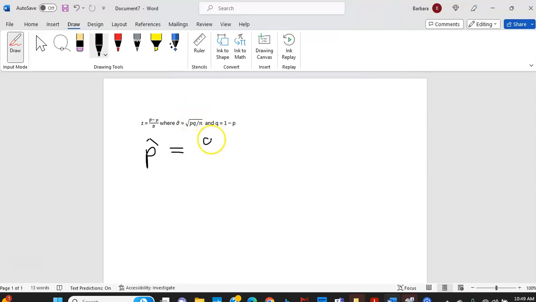So our sample proportion is 95 over 462. 95 divided by 462 is 0.20563.